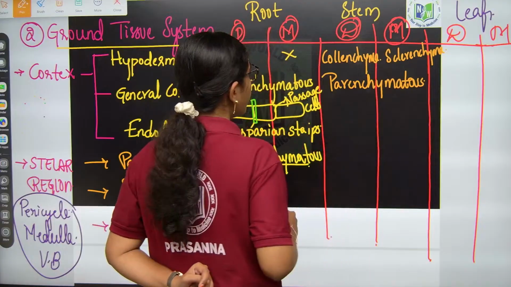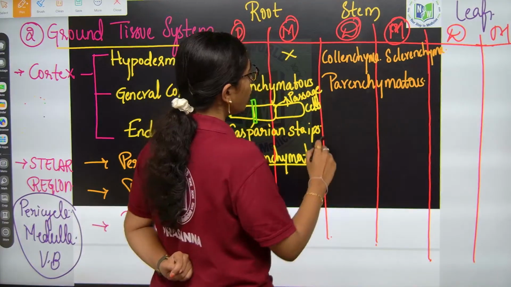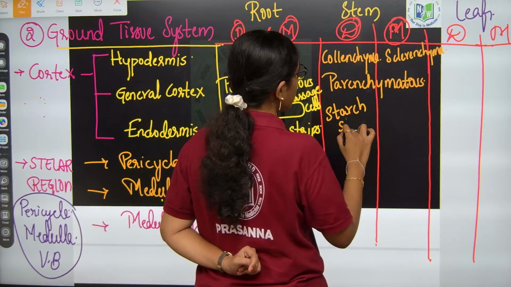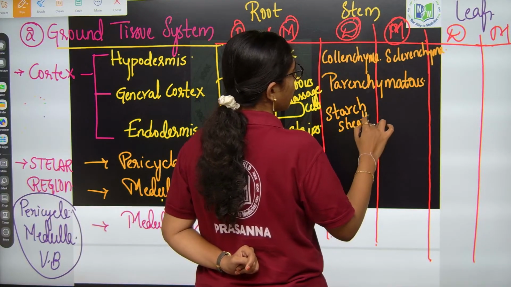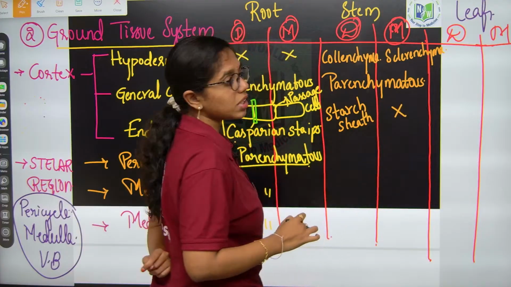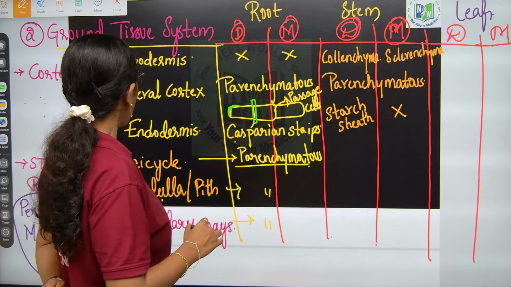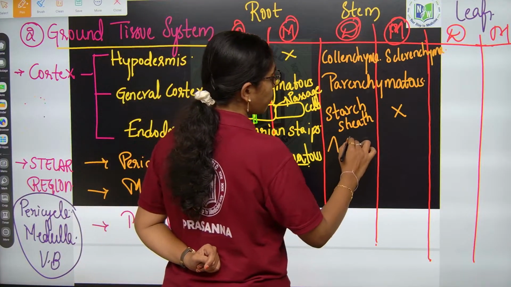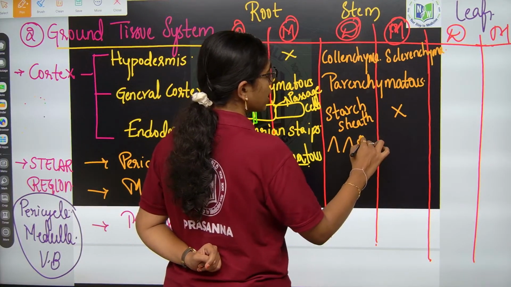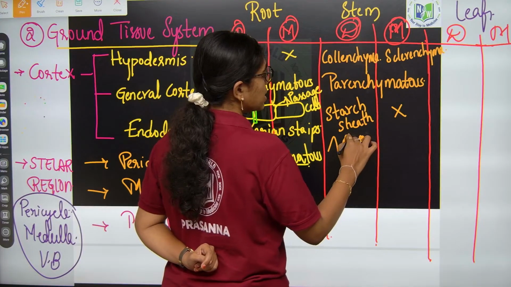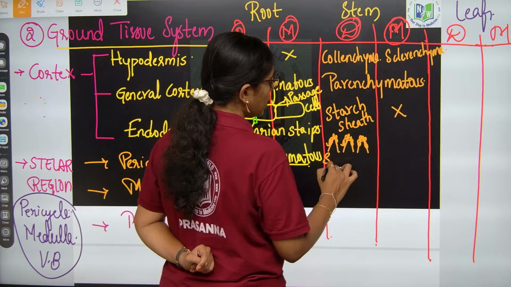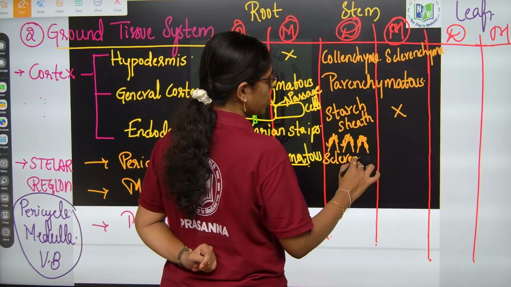Endodermis in dicot stem will have a starch sheath, whereas there is no endodermis in monocot stem. Pericycle will have semi-lunar patches which are made up of sclerenchymatous tissue.